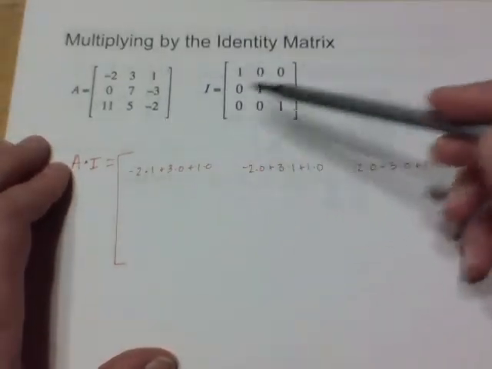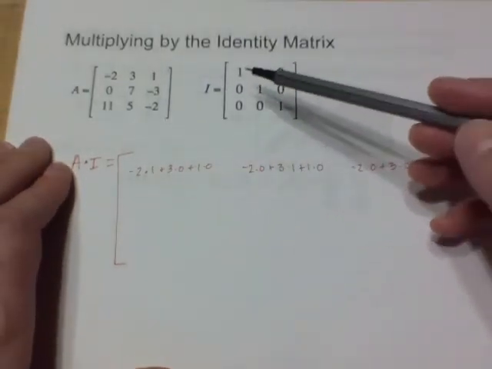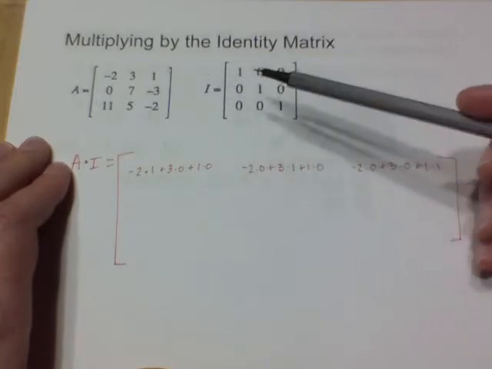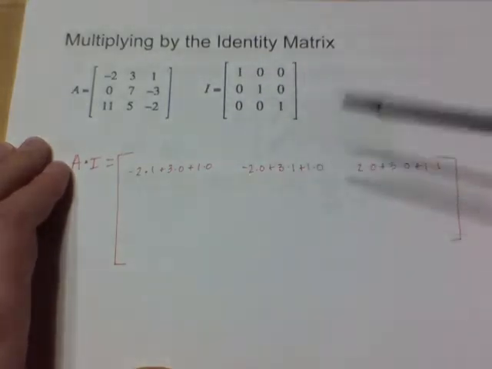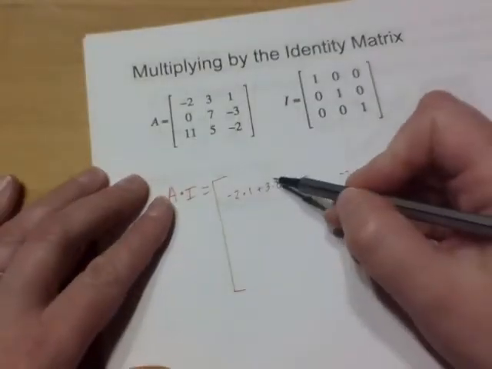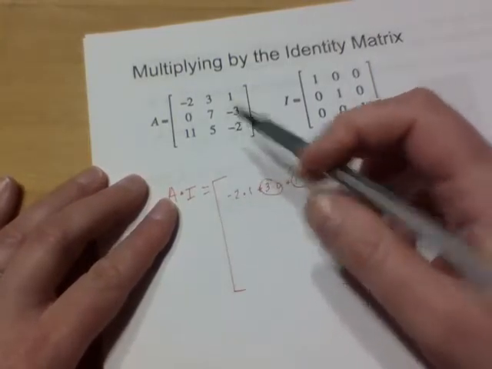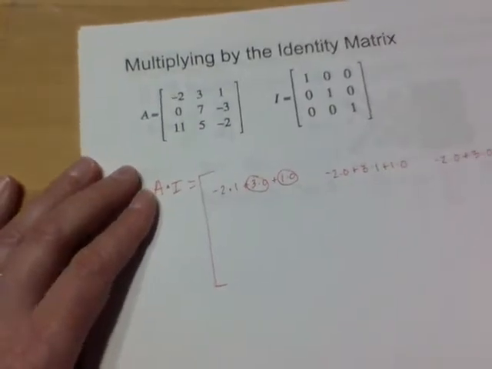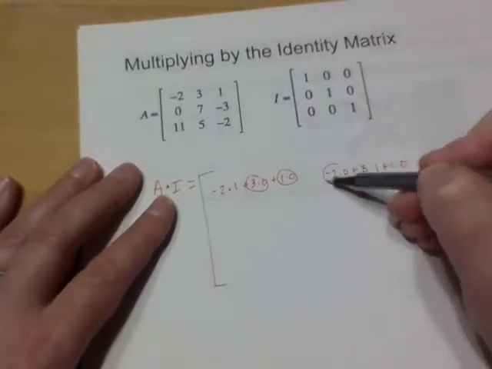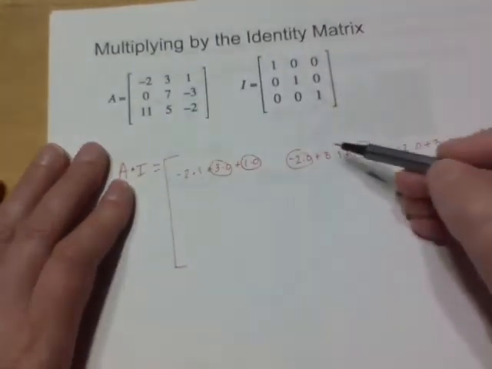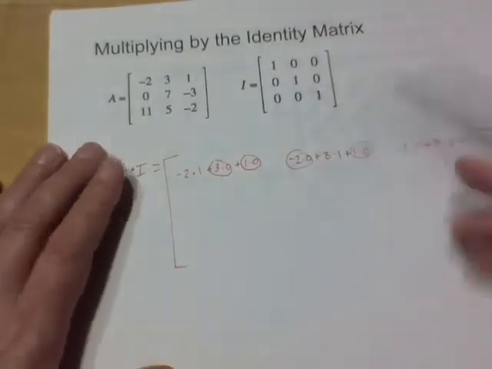Hopefully you notice that when you have this identity matrix, basically everything is being multiplied by 0 and only one digit survives. For instance, taking a look at this, that's 0, this is 0, and so really it just matters what that first term was. Same thing here, this is 0, and so it ends up just being that middle term.